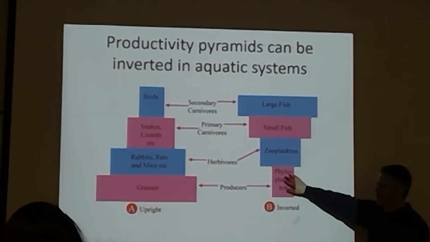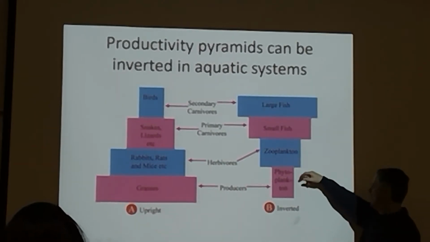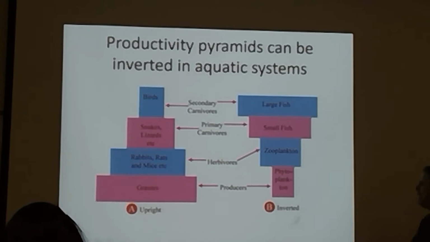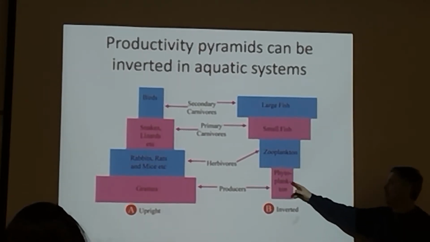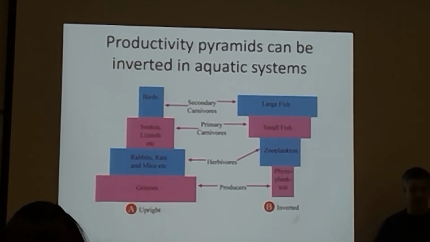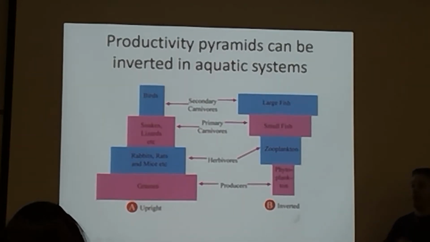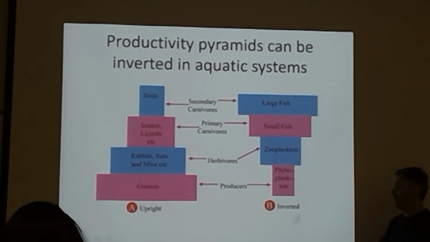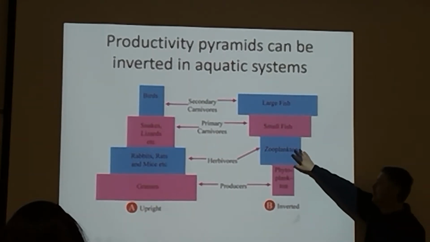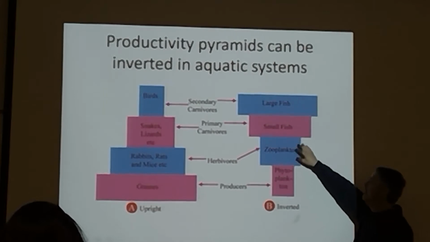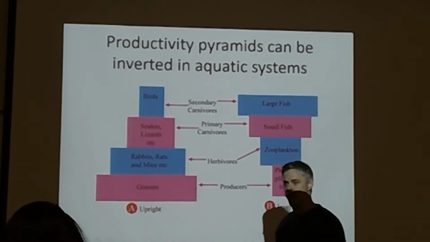And so you might have, I'm going to try to scale this mentally associated with the size of the blocks, 100 grams per cubic centimeter of phytoplankton. And you might have 200 grams of zooplankton per cubic centimeter eating that phytoplankton. And you might have an even greater number of small fish eating those zooplankton, and an even greater number of large fish eating those small fish.